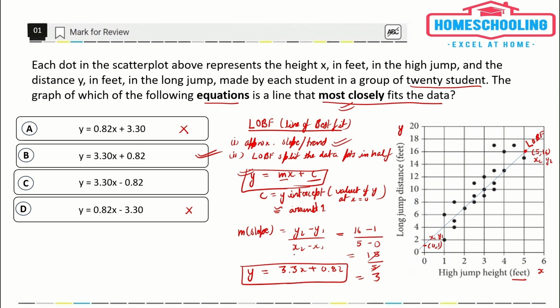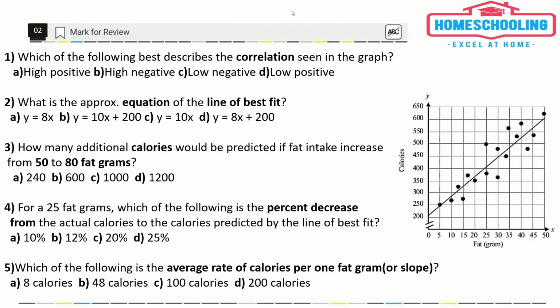Now let's move on to the next question. In question number 2, part 1, which of the following best describes the correlation seen in the graph? As we can see, this is our line of best fit, and it is moving in an upward direction, so our slope is positive.